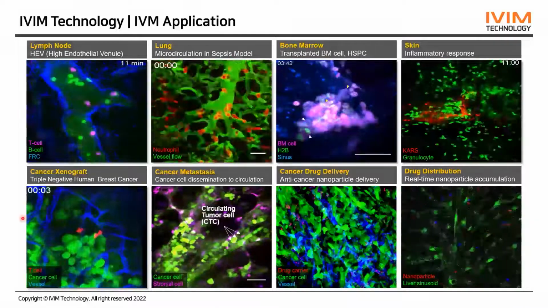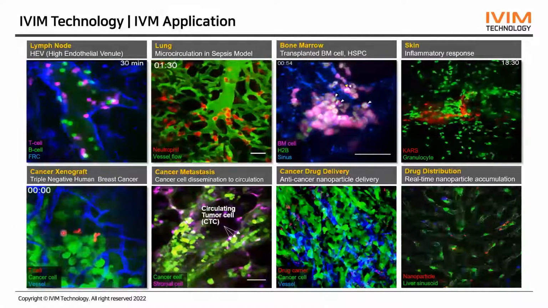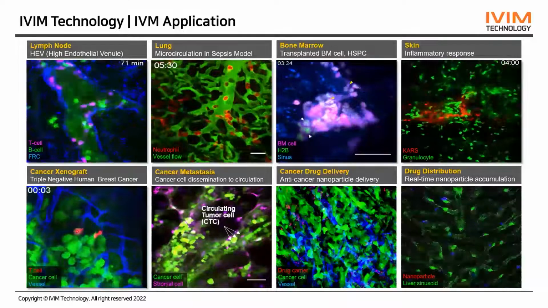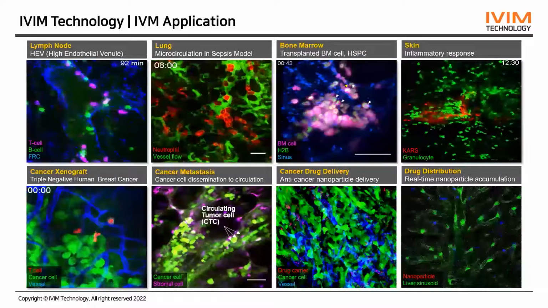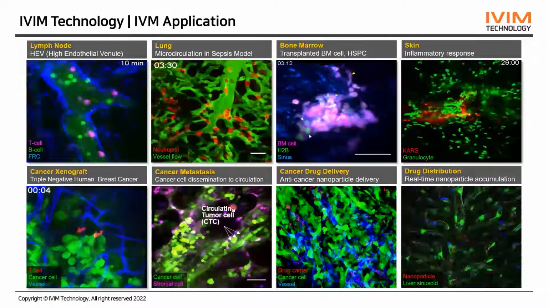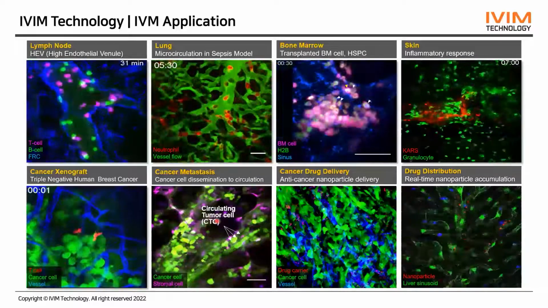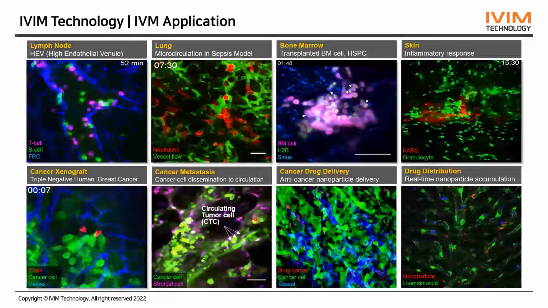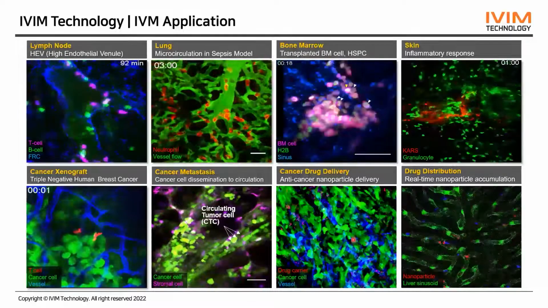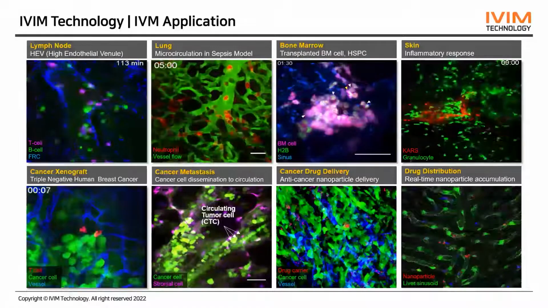And in terms of tumor, it can be widely applied to the cancer xenograft model, investigating the cell-to-cell interaction of the T cell and tumor cells in vivo, and the cancer metastasis model, analyzing circulating tumor cells flowing through the blood vessels. And we can perform imaging analysis of in vivo drug delivery effects to the tumor tissue.